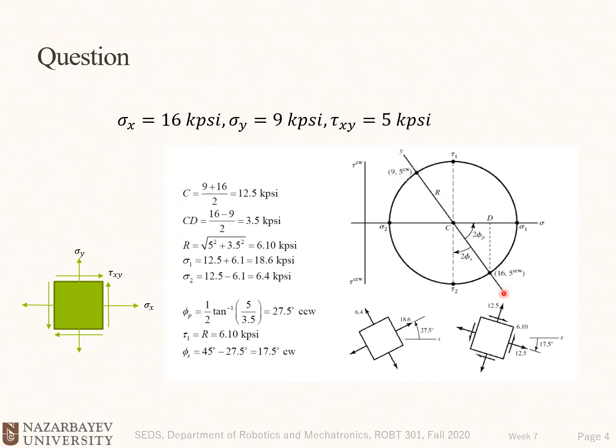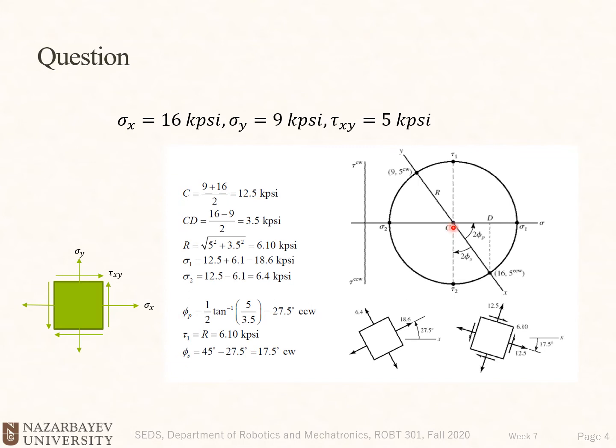And what we need to do now is connect them to calculate the C point, which is the middle point on the sigma axis, and is 9 plus 16 divided by 2, which is 12.5.